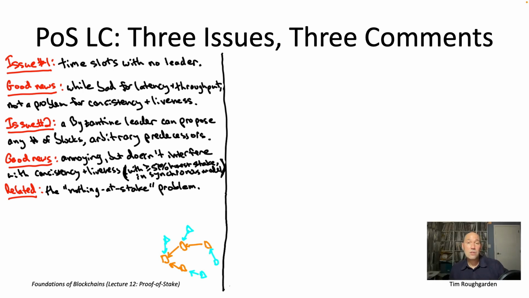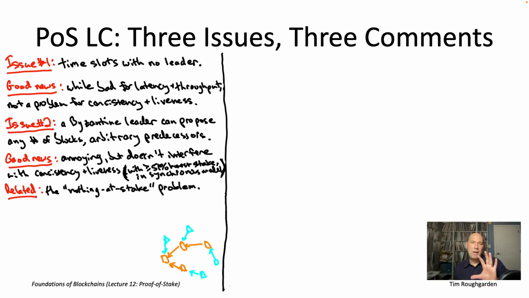So slashing has its own set of risks, as we'll discuss in part 4, but presumably implemented correctly, that would be a pretty strong deterrent to anyone trying to exploit this nothing at stake property of proof-of-stake longest chain protocols.